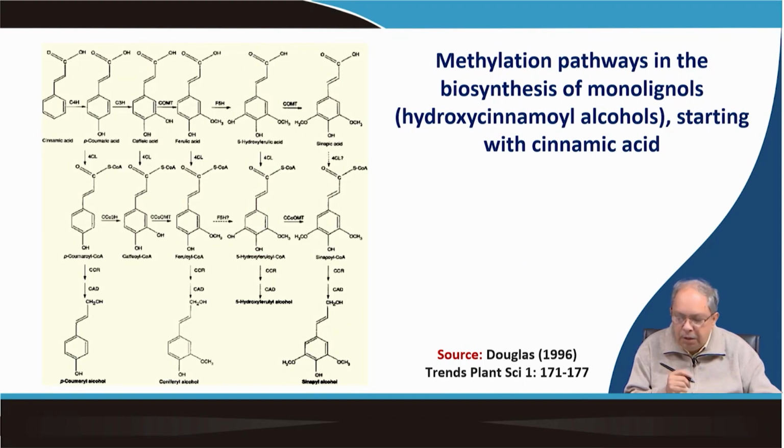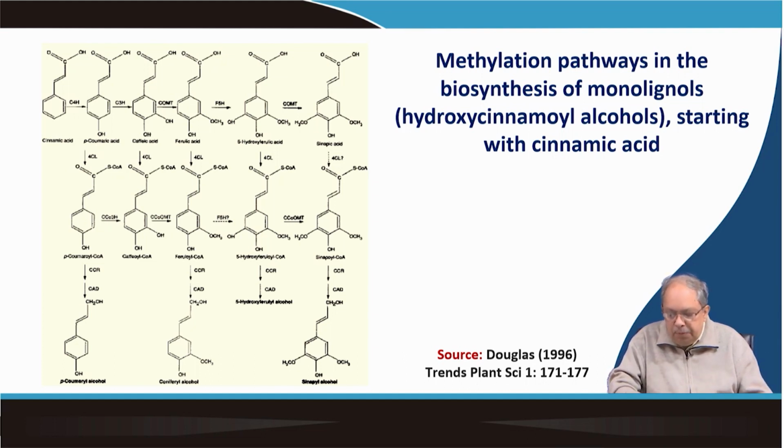Now, this is an old, or classical, scheme of the monolignol pathway. This scheme is not fully valid now, but it is important that we know this, and then we will appreciate the new discoveries made on it.